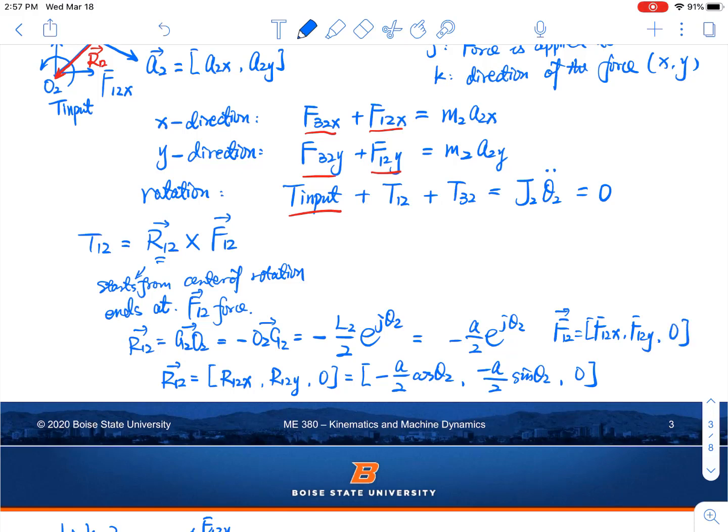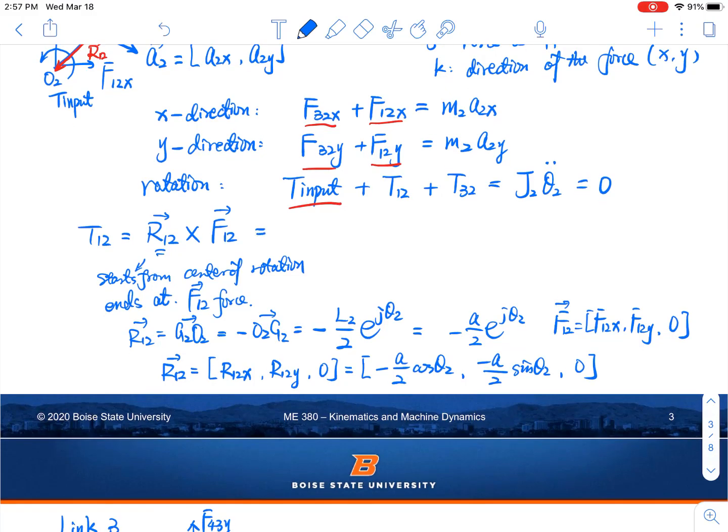So by definition, we know that the torque is going to be R12x F12y minus R12y F12x, or with the sign as defined from the cross product.